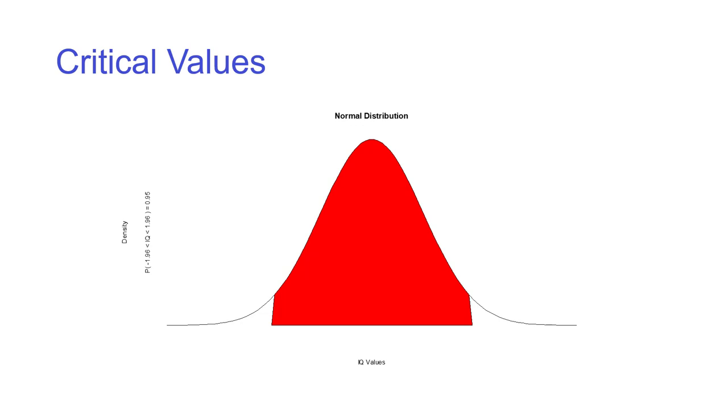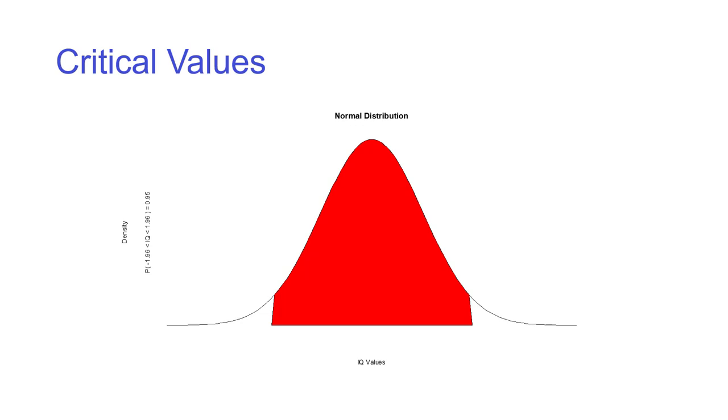So remember the normal distribution: the critical values for having 5% alpha, 5% outside the region, are minus 1.96 standard deviations and 1.96 standard deviations, because 95% of the normal distribution lies within that curve.